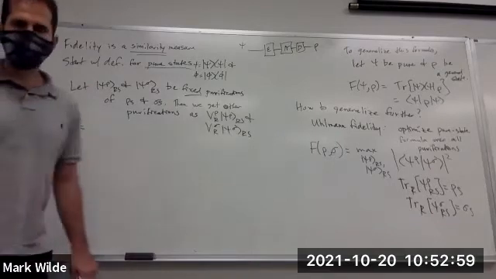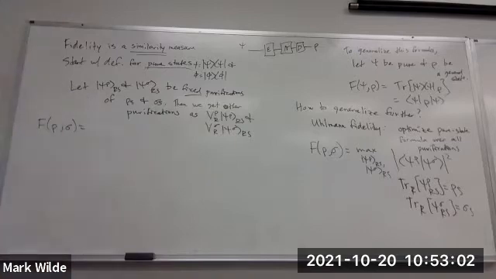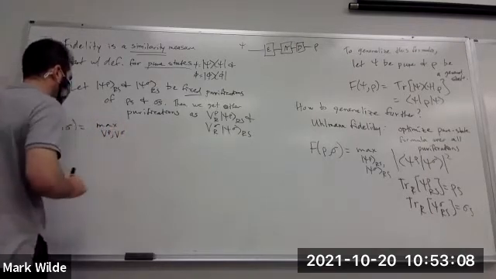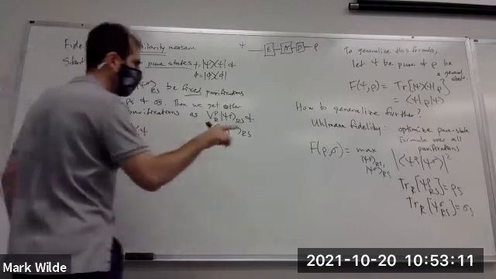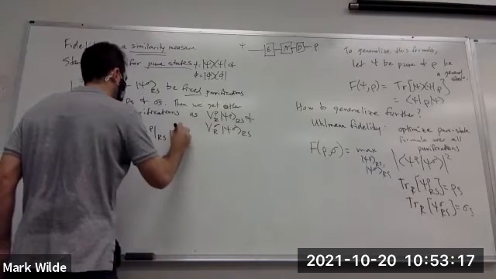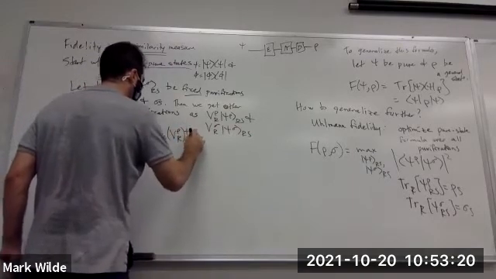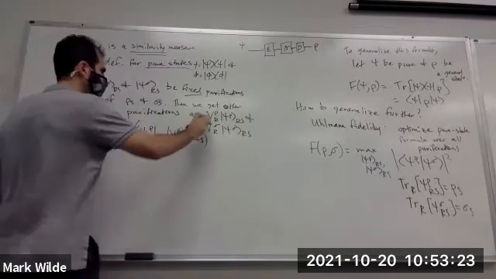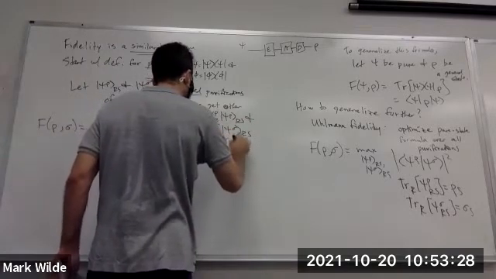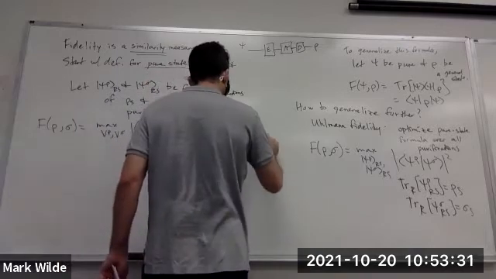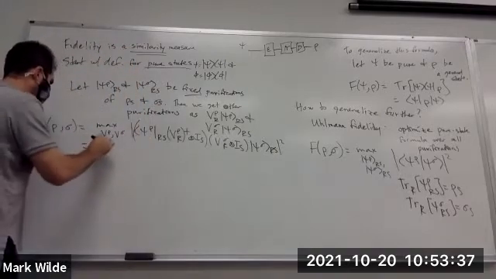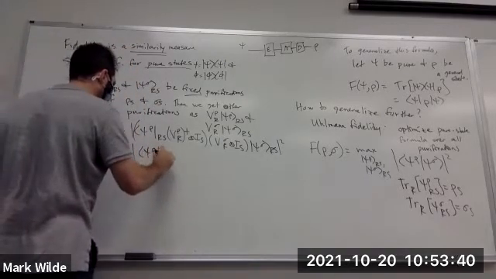Instead of optimizing over the purifications, optimize over unitaries. So we'll optimize over V rho, V sigma, acting on psi rho, and that's going to be this purification, and on psi sigma. Okay. Then what you do is bring them together. We just do some straightforward manipulations.